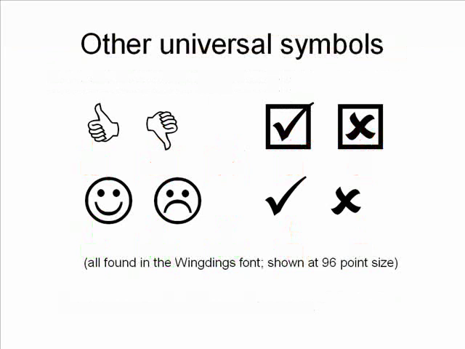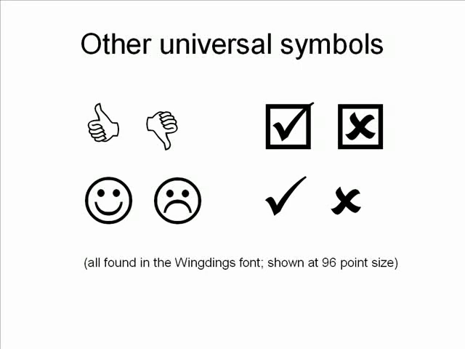There are other universal symbols, and these are ones I picked out just for examples for you that are all found in a font you already have on your computer, so you don't have to create anything. Thumbs up and thumbs down symbols, happy or sad faces, and then variations on check marks or X's. So you can use these universal symbols to show a proportion or share when it's a fairly simple proportion and there's really only two sides.